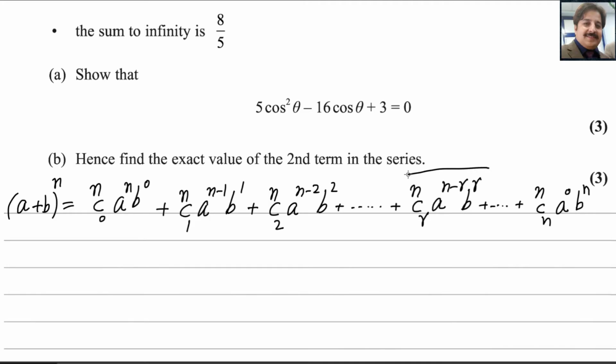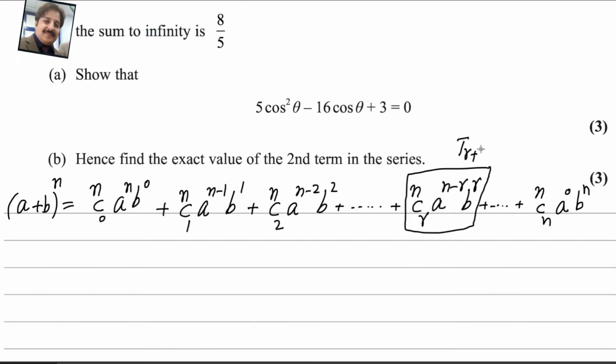Between them, this term is very important. This is the T(r+1)th term. Look at why it is the (r+1)th term. Here the power of b is 0, so this is the first term. Here the power of b is 1, so it is the second term. Whatever the power of b is, the term number is one more than that. Here the power is 2, so this is the third term.